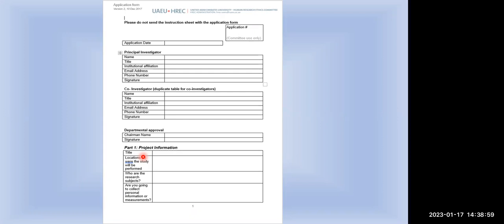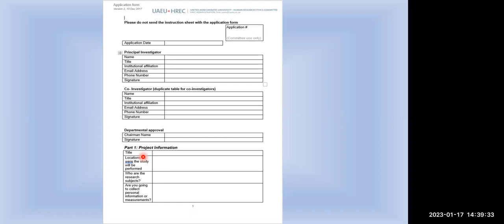But if you are, for example, doing the experimental work, such as biochemical analysis or genetic analysis, here, using our facility, but the samples are taken from the hospital, then in that case you need to have approval from the ethical committee in that hospital in order to get full ethical approval from our committee.